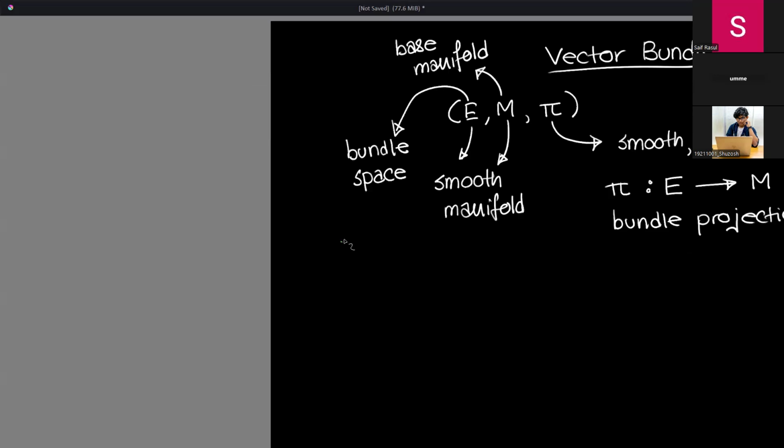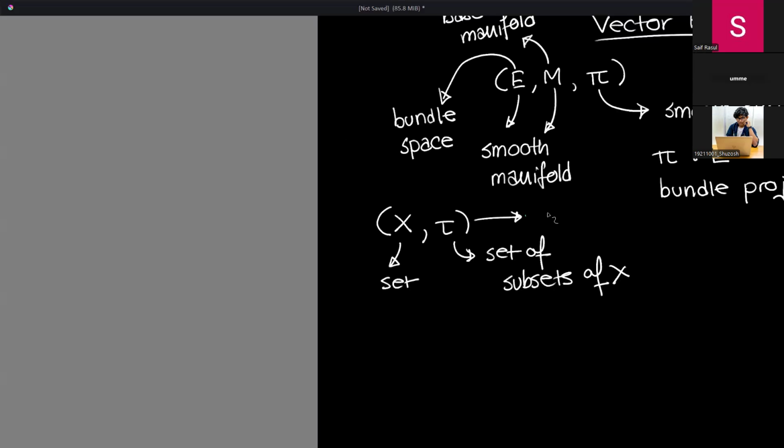This is kind of like how before we defined (X, tau), where X was a set and tau was a set of subsets of X. And together, this was called a topology or topological space.